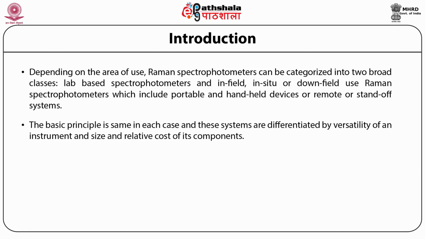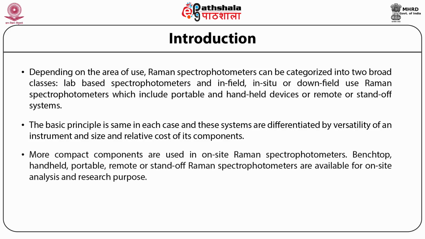The basic principle is the same in each case, and these systems are differentiated by versatility of an instrument and size and relative cost of its components. More compact components are used in on-site Raman spectrophotometers. Benchtop, handheld, portable, remote or standoff Raman spectrophotometers are available for on-site analysis and research purposes.